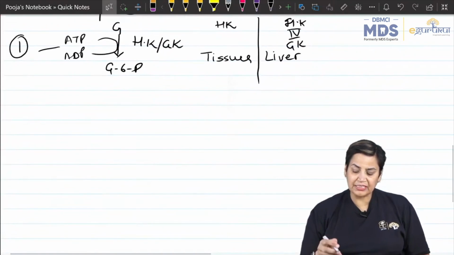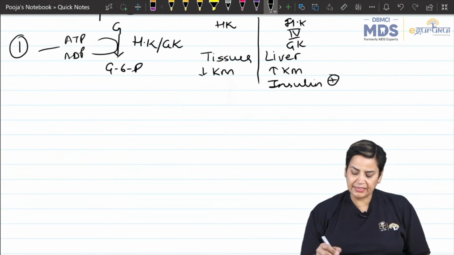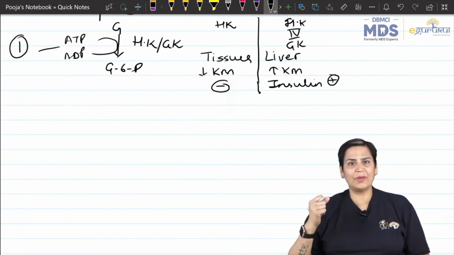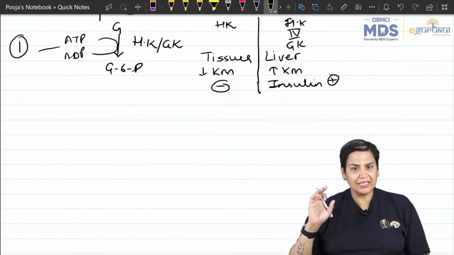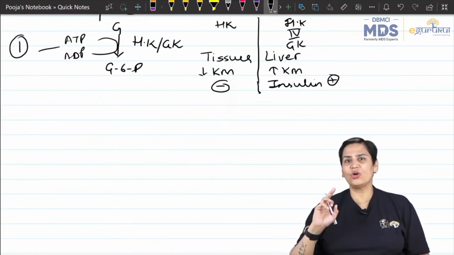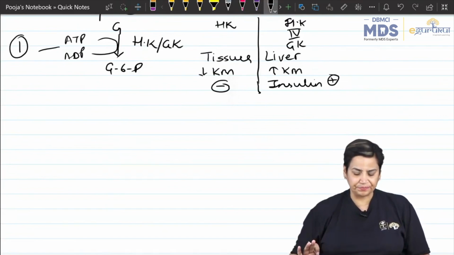Second important point is hexokinase has less Km, more affinity, whereas glucokinase has more Km, less affinity. And insulin never acts on hexokinase. Only hexokinase 4 or glucokinase is acted upon by insulin. And this glucokinase will work in the body only when the concentration of glucose exceeds 100 milligram per dl.